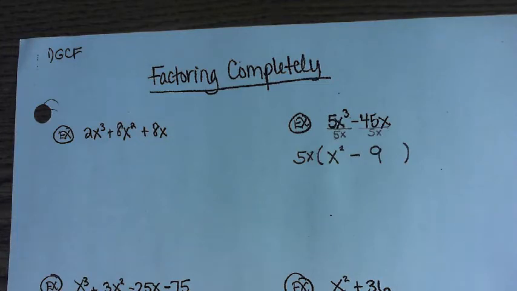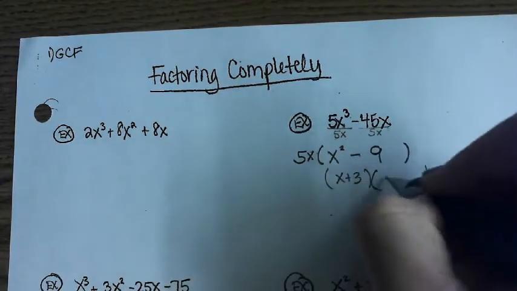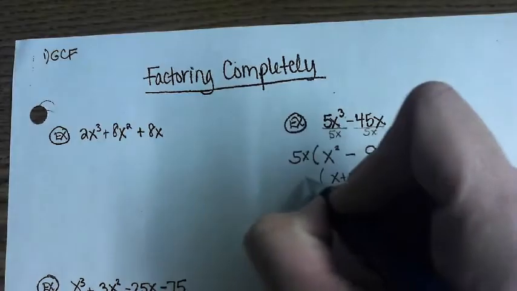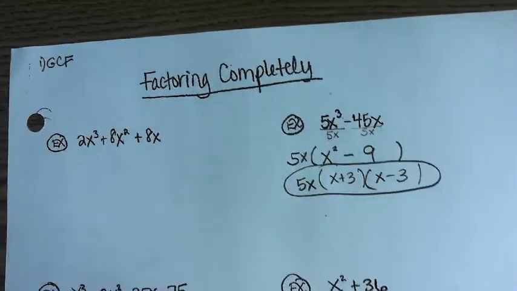Starts with a C. They factor into, if you don't know the vocab word, can you just tell me what it factors into? Very good. And those are called, someone help them out, conjugates. Very good. And then always keep your GCF out in front of the whole problem.